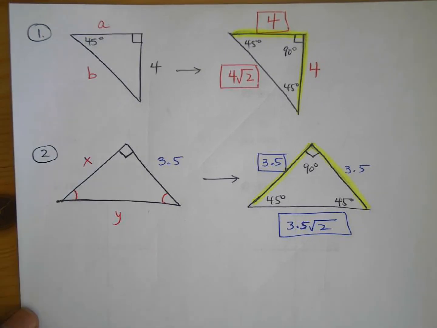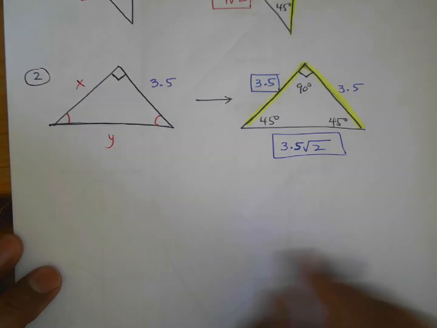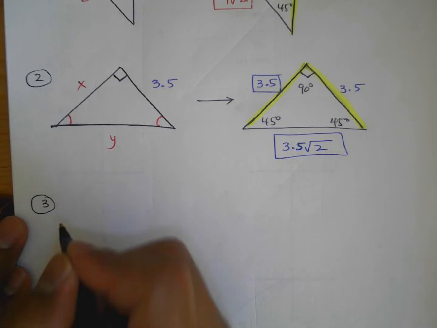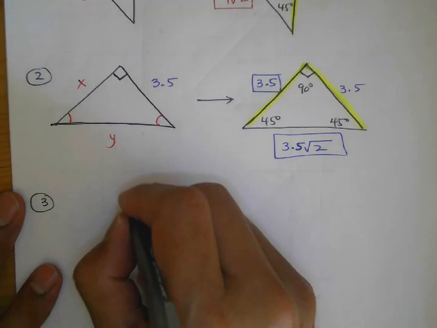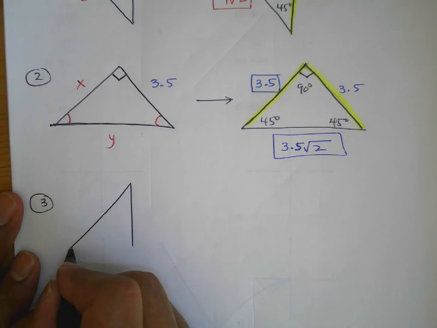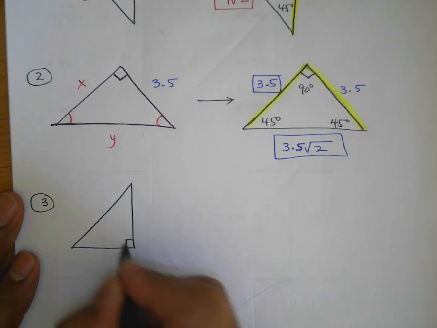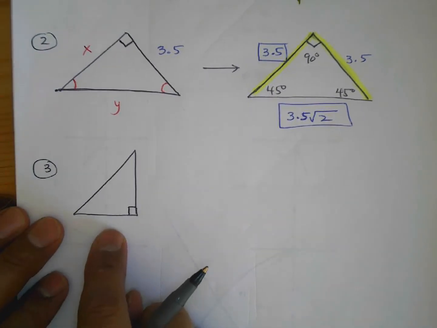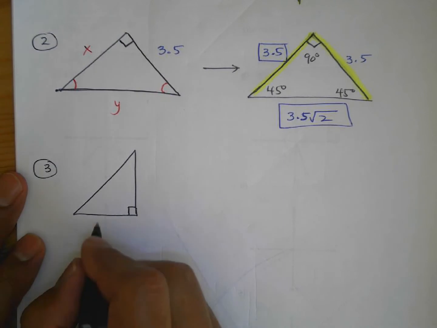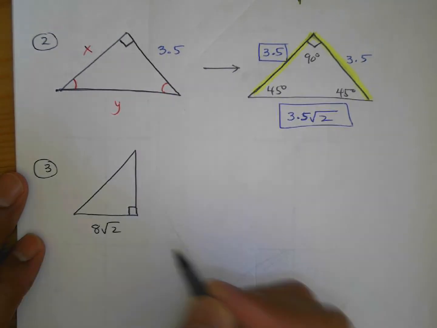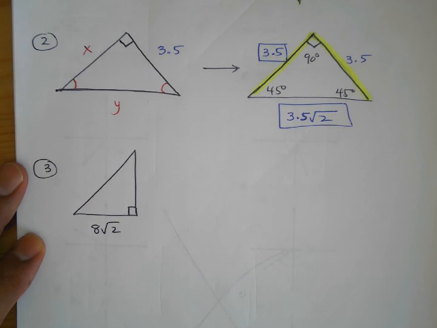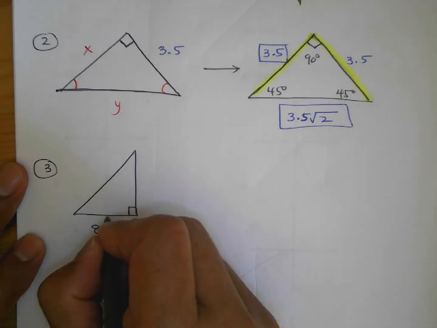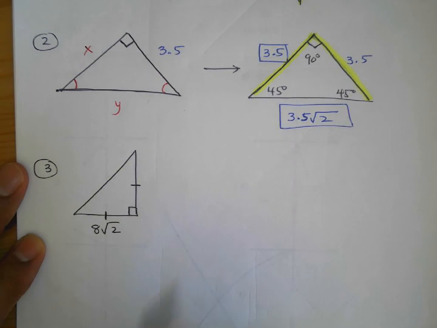Okay, here's a tricky one. Number 3. This is the one students get wrong a lot. What if I give you a leg, and this is 8 root 2? And again, I'll just mark these to be congruent.